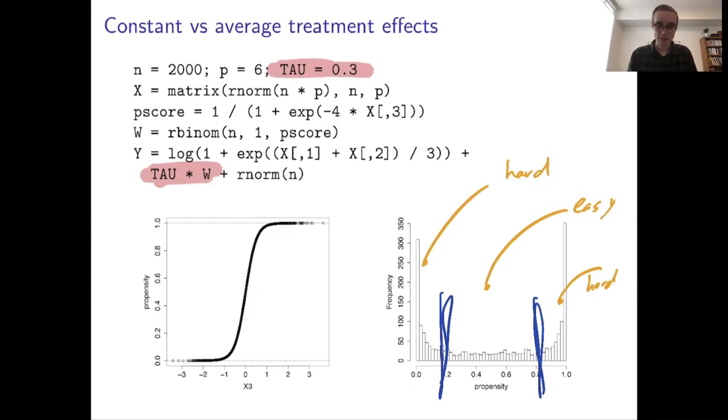On the other hand, if you're estimating a constant treatment effect, you just don't care about these 2 zones. You effectively throw this data away. You only zoom in on the part of the data set where you had good overlap and where you can estimate treatment effects accurately. You learn what the treatment effect is there, and you're just done. You don't worry about the rest of the problem.